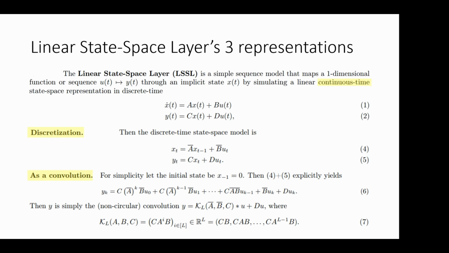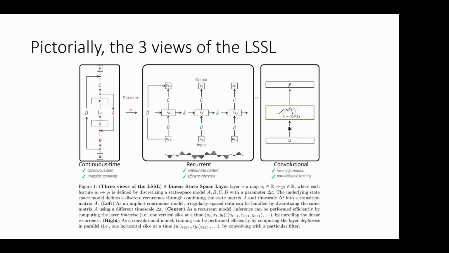I think it is correct, because if you go to the next slide and kind of combine it in, if you look at the recurrent, the u t is the input of that discretized step.